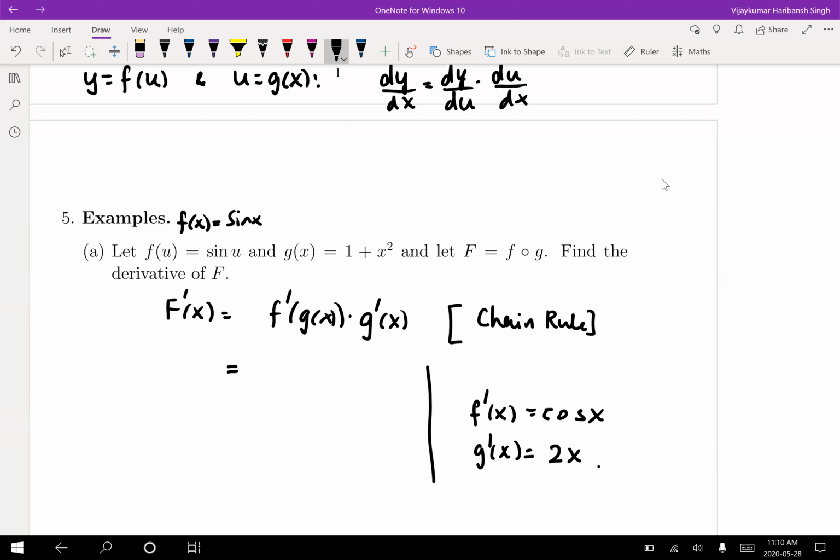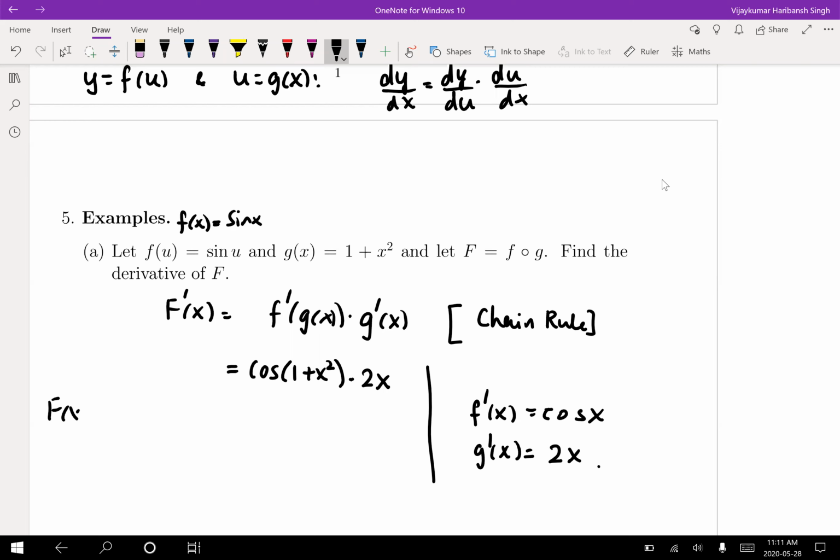So then this is going to be sine x, but instead of x, you have g of x. Sorry, my bad. f prime is cosine x. So it's going to be cosine of g of x. So cosine of g of x is cosine of 1 plus x squared times g prime of x, that is 2x. Yeah. So this is the chain rule. Now note that the beauty is you are able to relate.